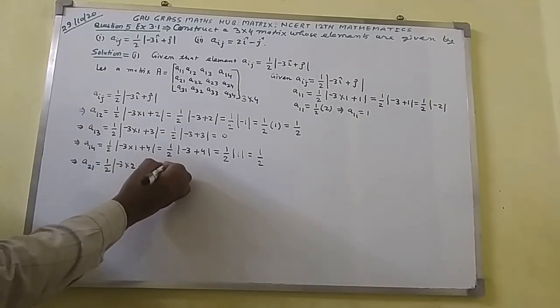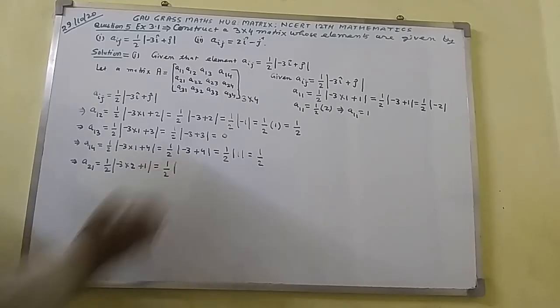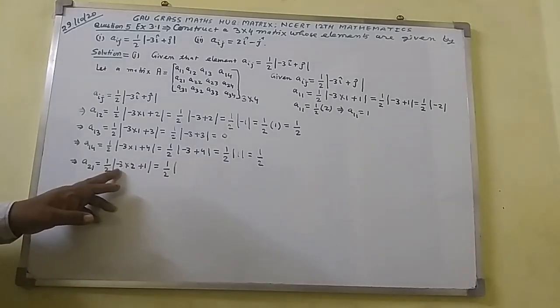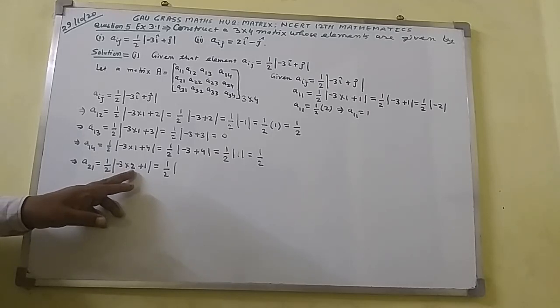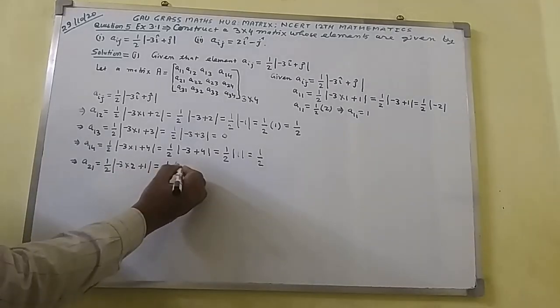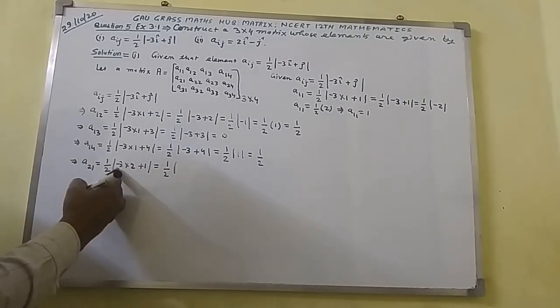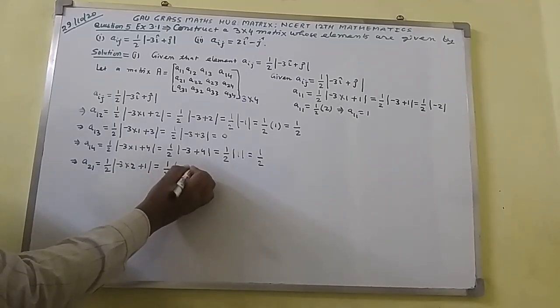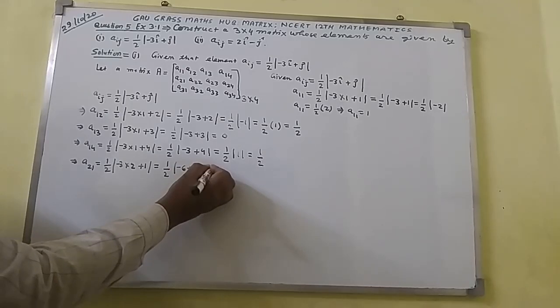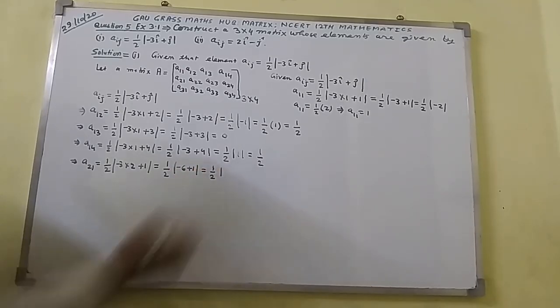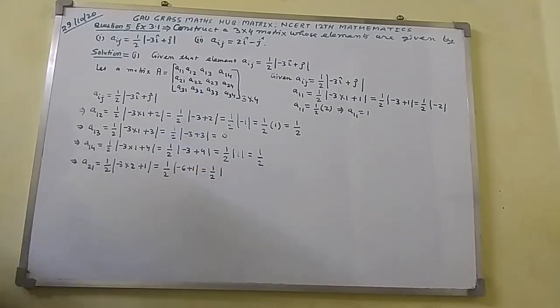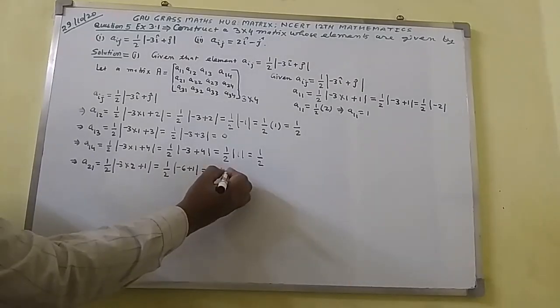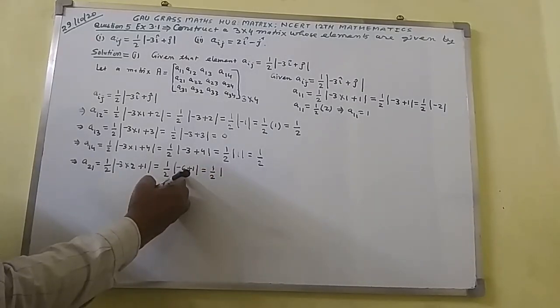I will do the operation: 1 over 2 mod, minus 3 will multiply to 2, we will get minus 6 plus 1, equal to 1 over 2 mod minus 5.